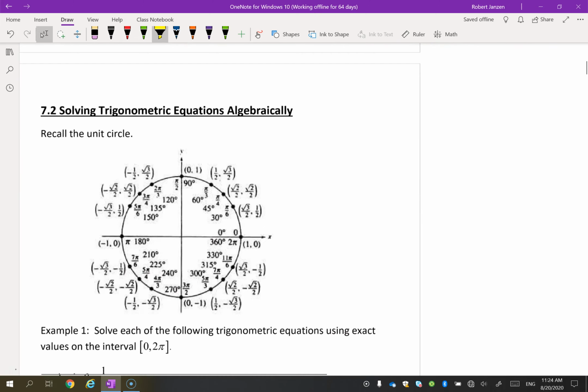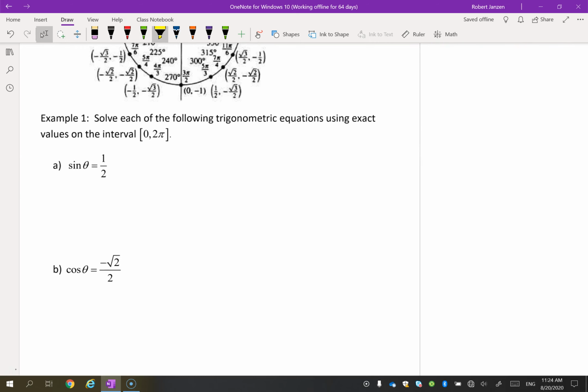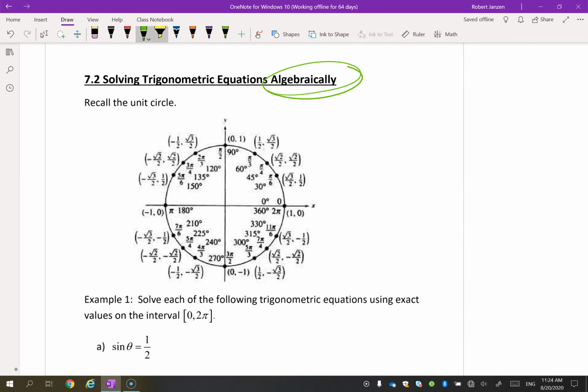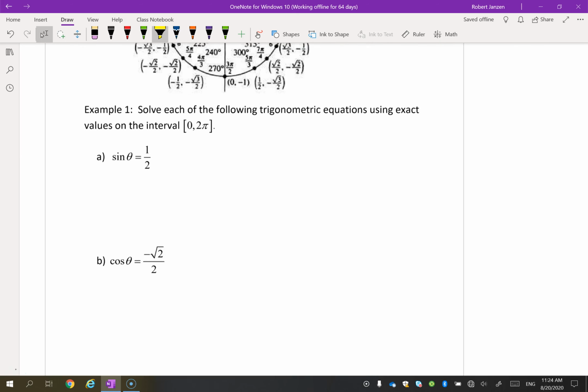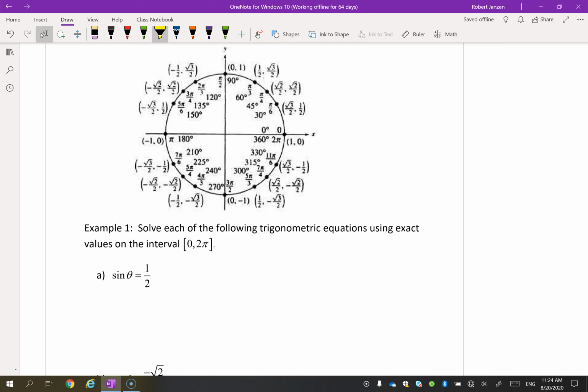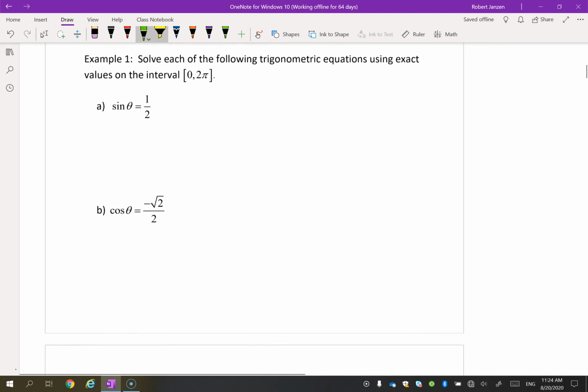Let's leave that. Let's get into the kinds of questions you're going to do. You're going to be solving algebraically, and most of the time it's going to be using exact values, values you already know. So that's why I have that there. Make sure you have this memorized. Make sure you're familiar with that diagram. Solve for theta.